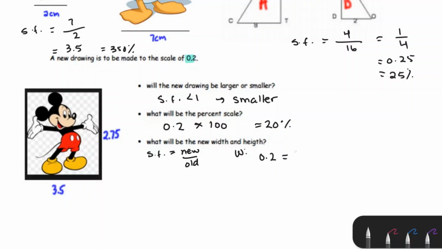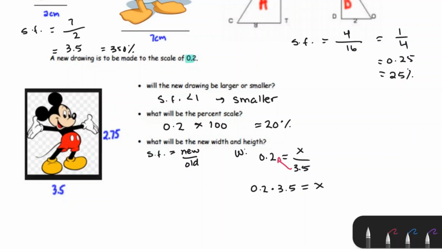I don't know the new size. That's my goal, to find out what is the new size after this scale. But I know my original. I know that I was 3.5 something's wide, centimeters, feet, who knows. If I want to solve for x, I'm going to multiply up this 3.5. I'm cross multiplying, or I'm multiplying both sides by 3.5. So 0.2 times 3.5 is going to tell me my new size.